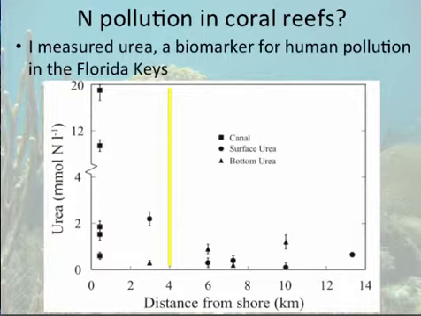This could be attributed to leaky septic systems and runoff, most likely. However, as soon as we got 3 or 4 kilometers from shore, those high levels dropped right down to a consistent background level of urea.